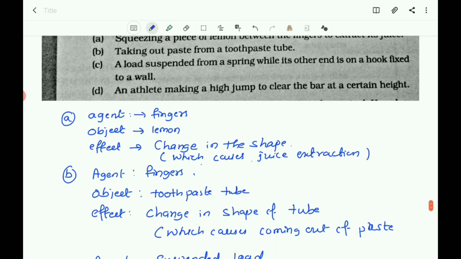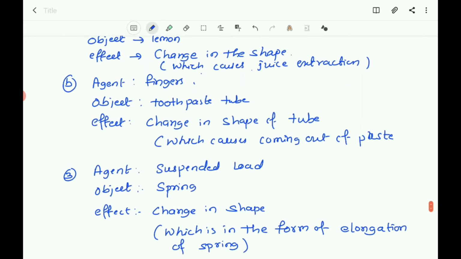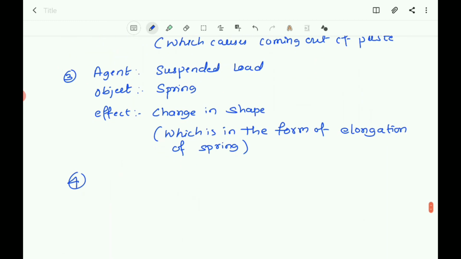Change in the state of motion it is. So you take here agent. Which is the agent here? Muscles of athlete. Muscles of athlete. And object. So what is the object?